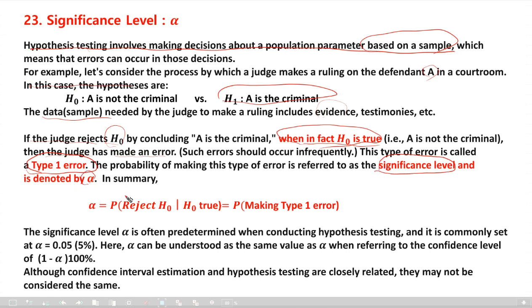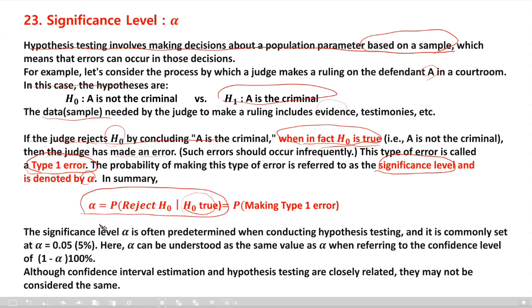In summary, alpha equals the probability of rejecting H0 given that H0 is true, which equals the probability of making a type 1 error. You have to understand this relationship.